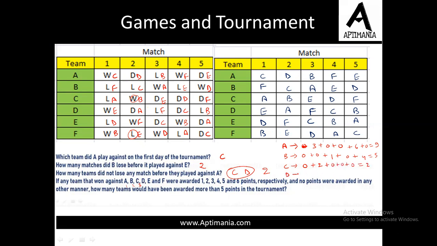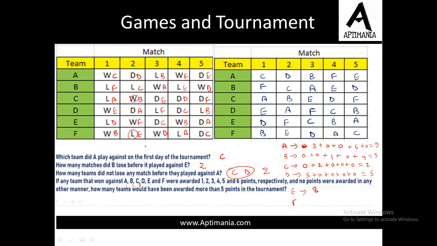Let us move to D. D won one match only, that is from E. So 5 points, then 0 on the remaining 4 days, so the total is 5. Fine, now let us move to E. E won 2 matches, one from F and one from B. So winning from F scored 6 points, winning from B scored 2 points. So the total becomes 8.